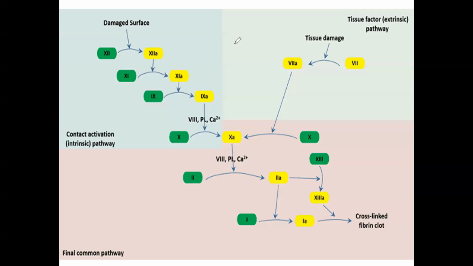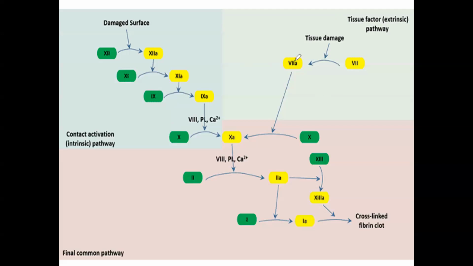Okay, so class, ito yung ating tinatawag na clotting factors. Nakakakita kayo dyan ng madaming numbers kasi yan yung name ng mga clotting factors natin. Though meron silang other names, pero ang common name na ginagamit natin sa kanila is by their numbers.